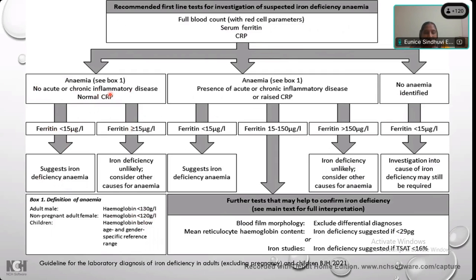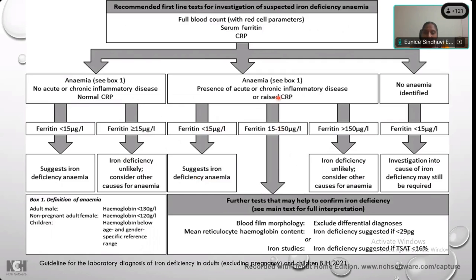And if you have a normal CRP and ferritin more than 50, iron deficiency is highly unlikely. In the presence of raised CRP, if you have ferritin less than 15, it's clearly iron deficiency anemia along with the inflammatory disease.